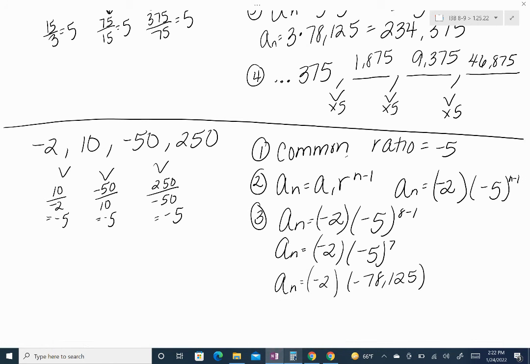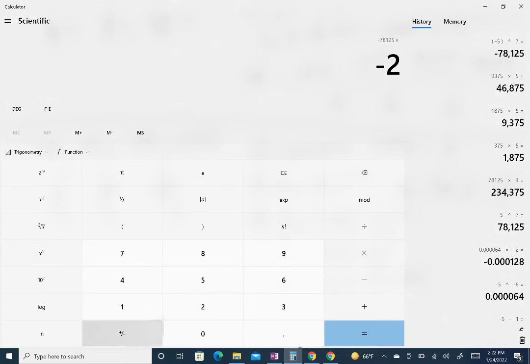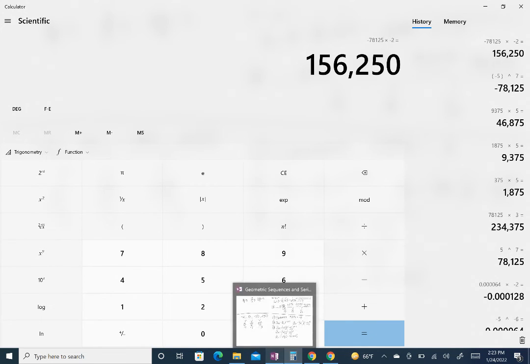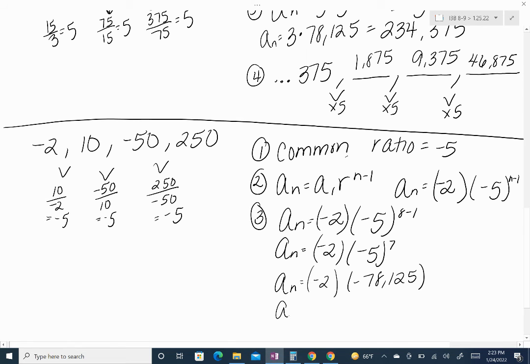And we're going to multiply that by negative 2. That gives me 156,250. Okay, and that would be our 8th term.